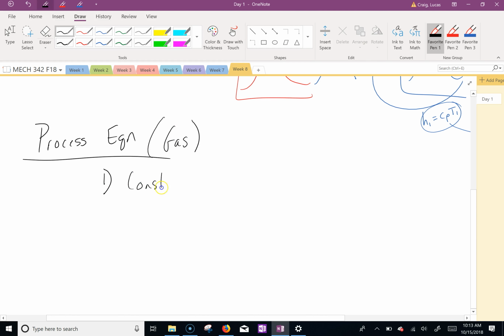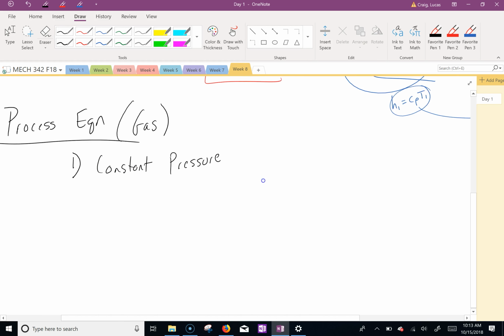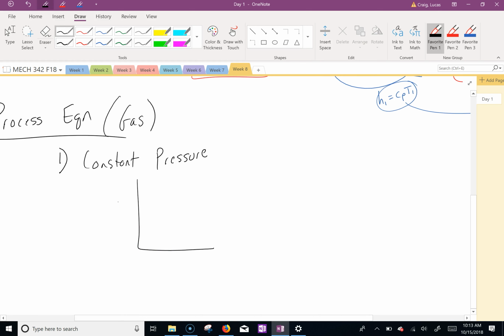Let's look at constant pressure. What does that mean on a graph if I plot P versus V? Horizontal line, yep. Say we go from 1 to 2.